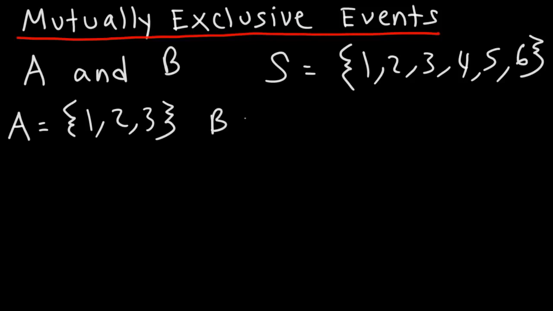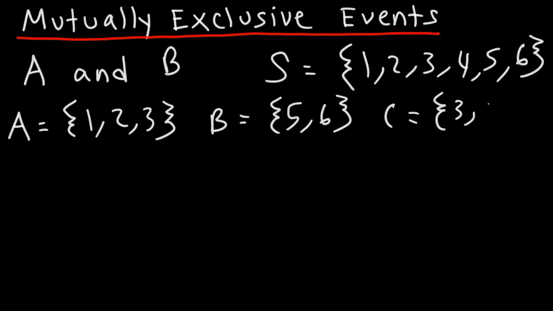And let's say that event B has the outcomes 5 and 6. Whereas event C, we're going to say, has the outcomes 3, 4, and 5. Now, here's the question. A and B, are they mutually exclusive events? What would you say?